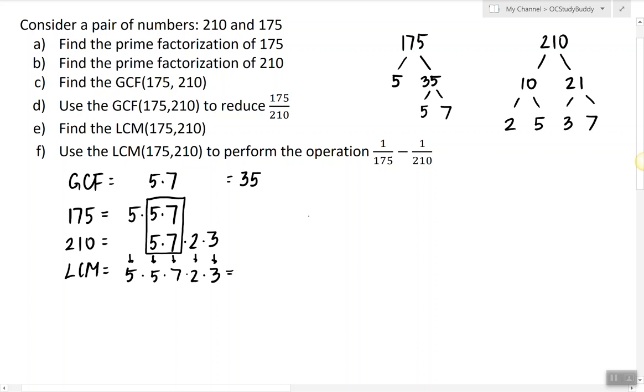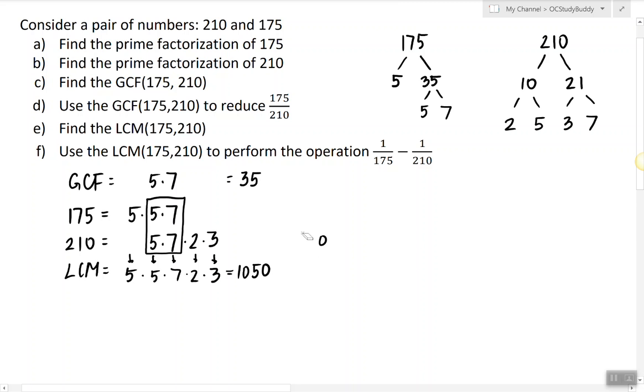So to find LCM, I just have to multiply 175 by 2 and 3, which is 6. 5 times 6 is 30, 7 times 6 is 42, plus 3 is 45. 1 times 6 is 6, plus 4 is 10, so 1050. So the least common multiple of these two numbers is 1050.